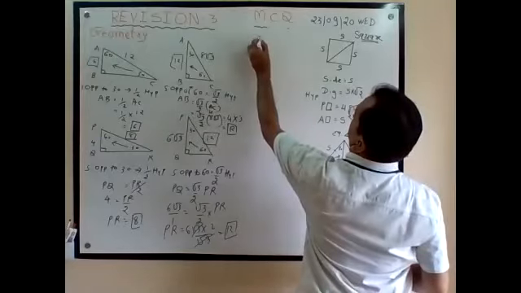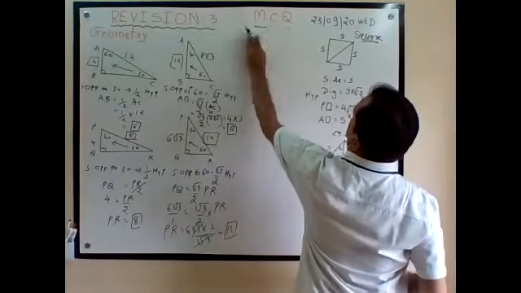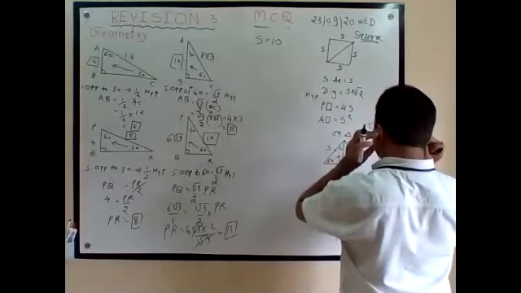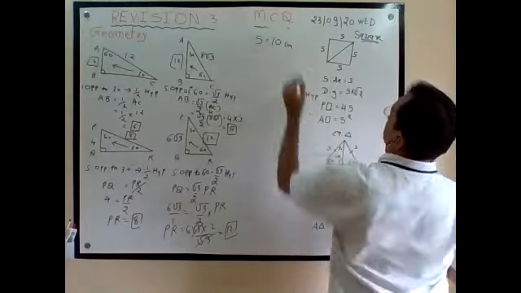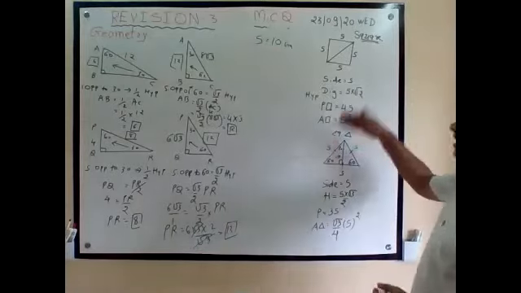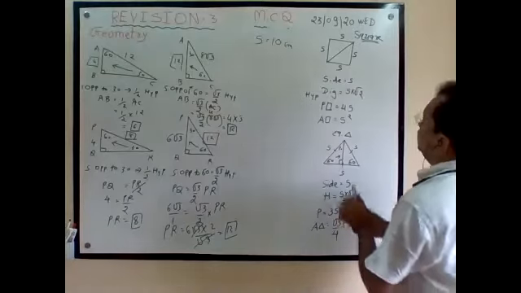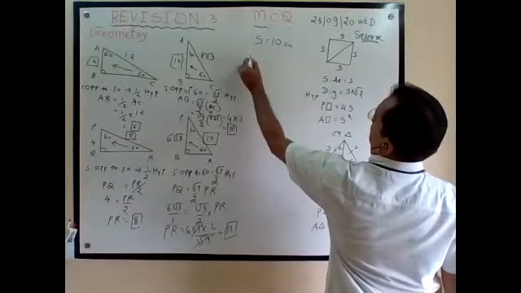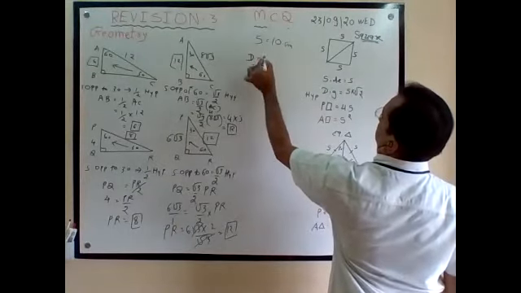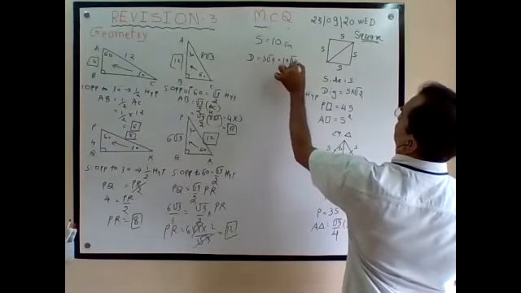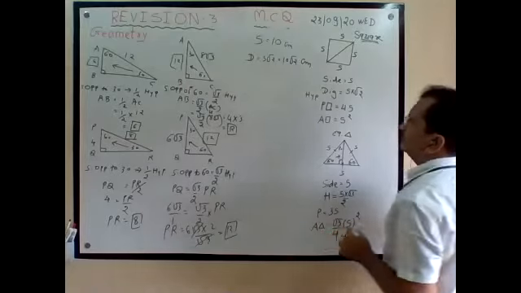Suppose side is given 10 centimeter. Any one they'll ask in MCQ. So diagonal of square is equal to side root 2, so it is 10 root 2 centimeter.